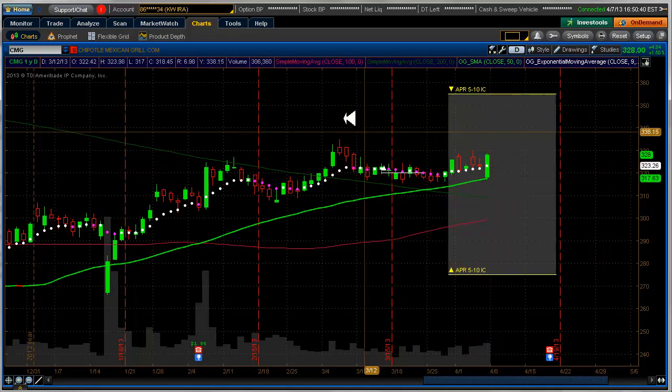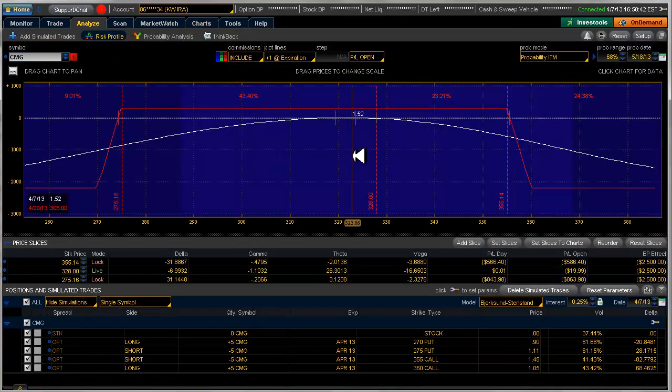And if you look at the Analyze tab, the white line, which is the current profit and loss line, is just, well, it's up a penny now. Well, that day. It's down $20 yet. So as IV increases, this white line gets suppressed and it takes you longer to get to your max profit.